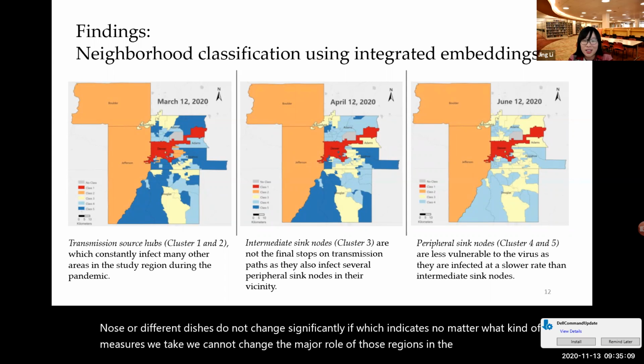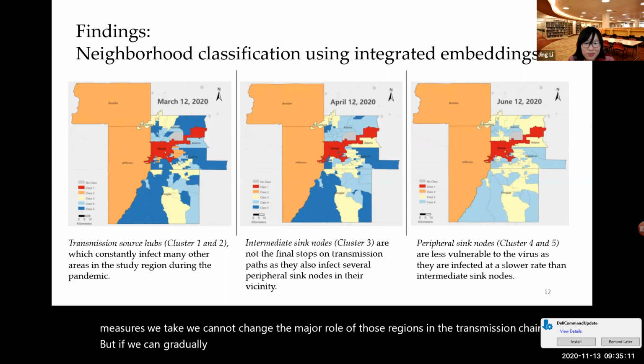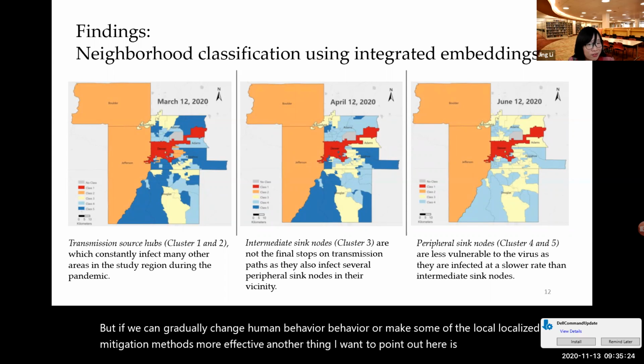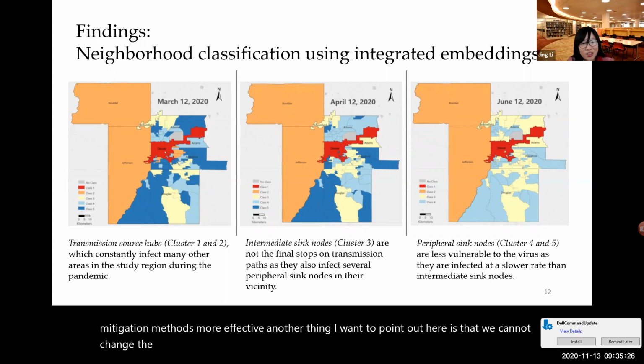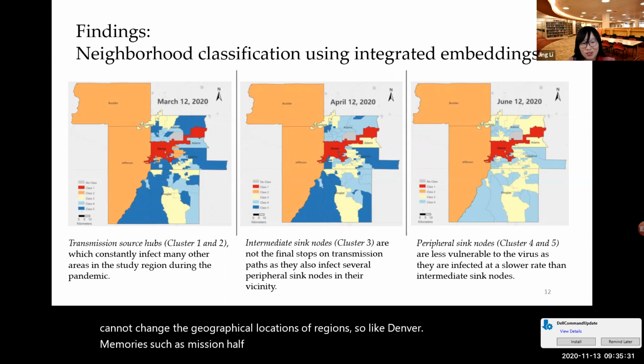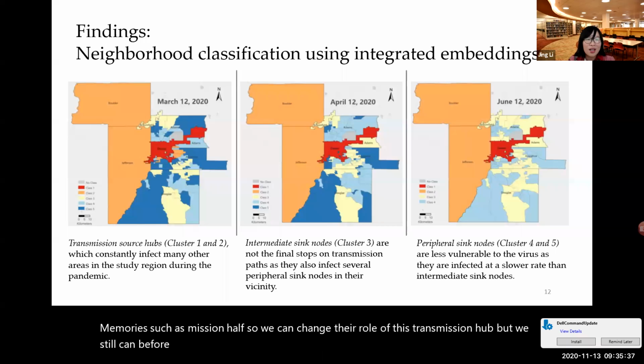But we can gradually change human behavior or make some of the localized mitigation methods more effective. Another thing I want to point out is that we cannot change the geographical locations of regions. Denver is a transmission hub, so we cannot change the role of this hub, but we can still enforce some localized mitigation methods to limit the spread eventually.